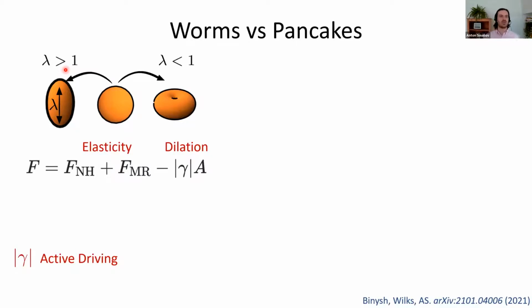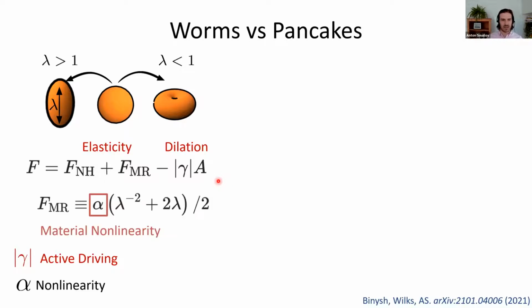So in order to do that, we of course have to specify this elasticity. The dilation is the same that's already given, but to specify the elasticity, we have to pick a nonlinear theory, right? At linear order, we just pick a Hookean theory. We augment it with what's called a neo-Hookean term that still only contains the shear modulus.